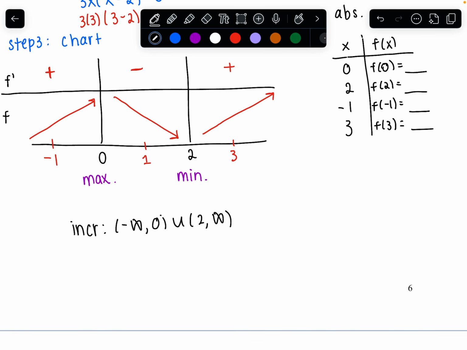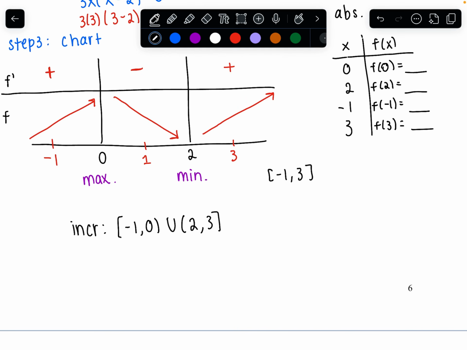But because we only care about the interval from -1 to 3, let's just write our answer according to that, just so that we don't upset the grader, which might be me, I don't know. So really -1 to 0, and then 2 to 3. We can include -1 because technically it is increasing at -1.